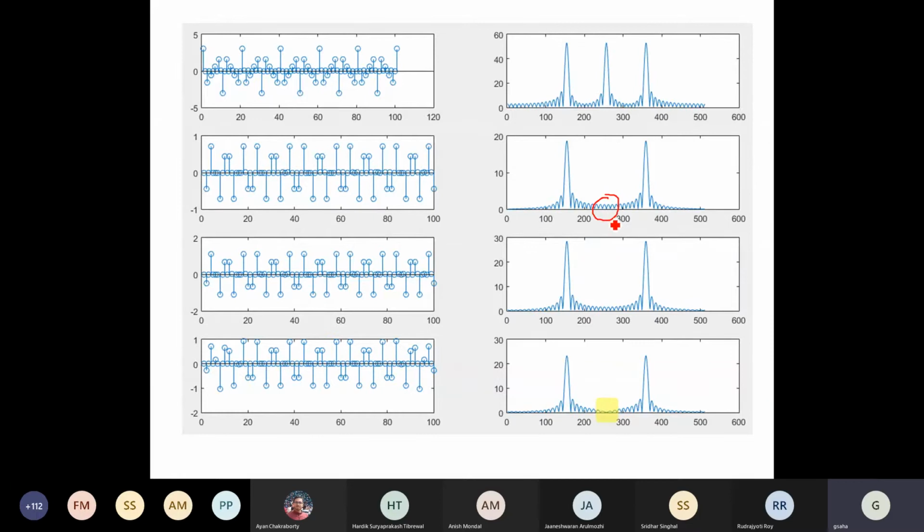Notch region, 25 Hertz region, this region and this region. Is it okay? So 3, 7, 39, 39 is doing better. Is it fine? Can I go ahead?